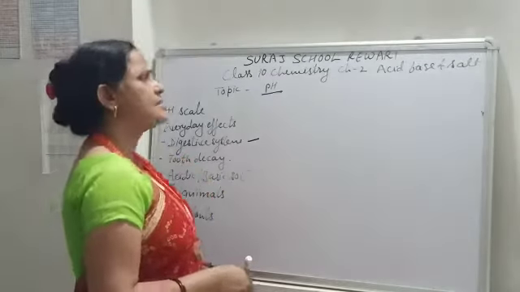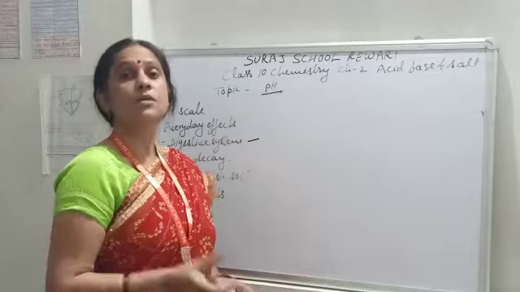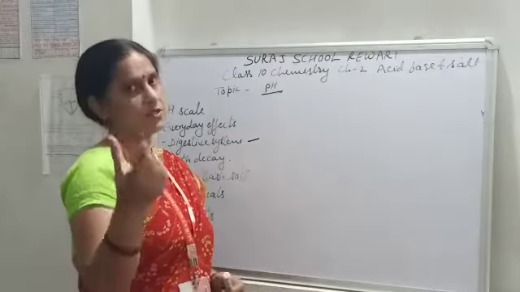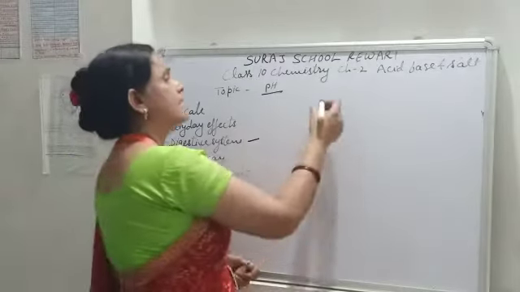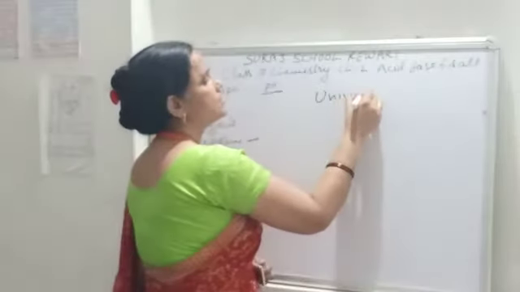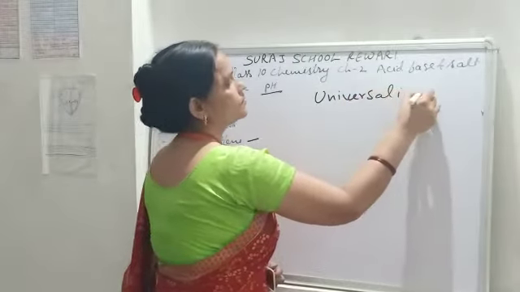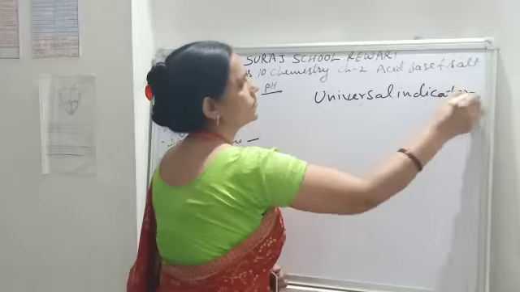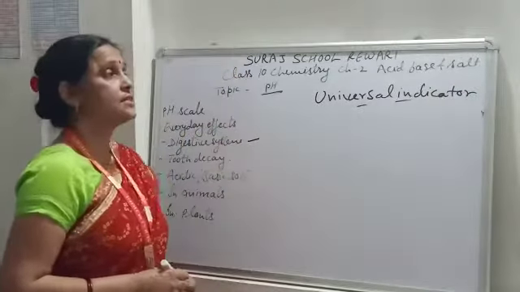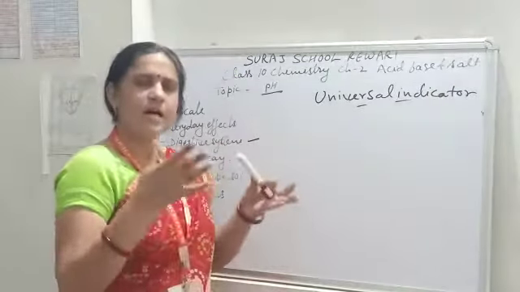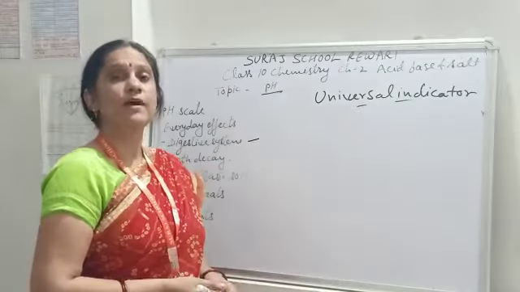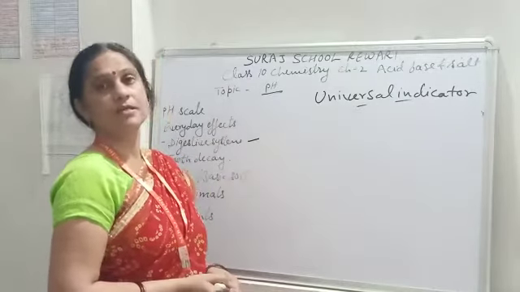Now the question arises, how can we find out the pH of a solution? For that we use universal indicator. It is an indicator which is a mixture of a large number of indicators which provide different colors at different pH.